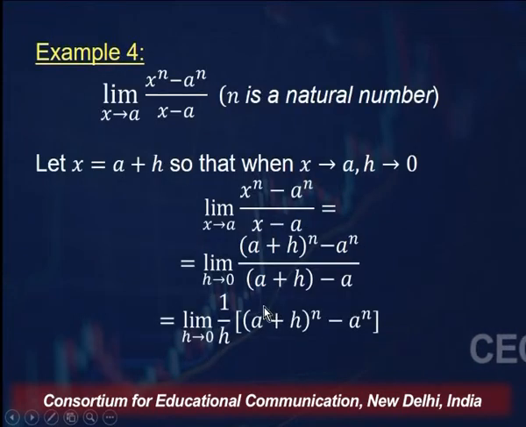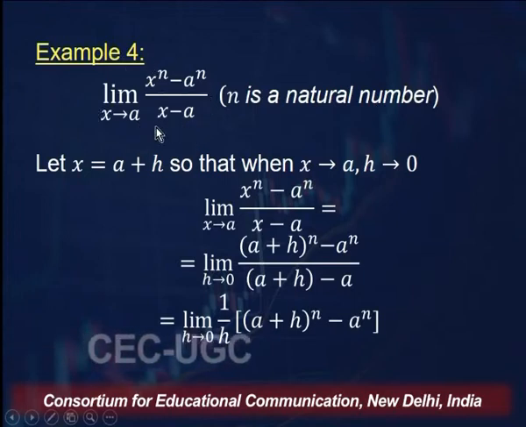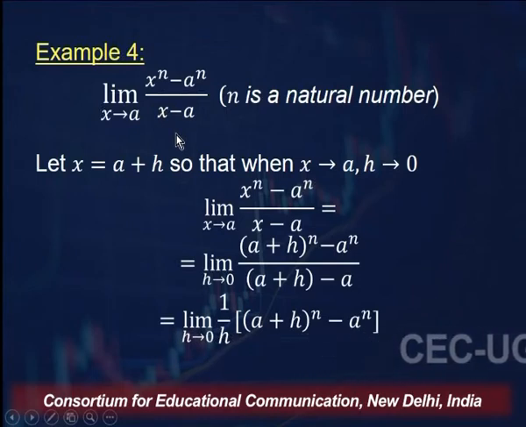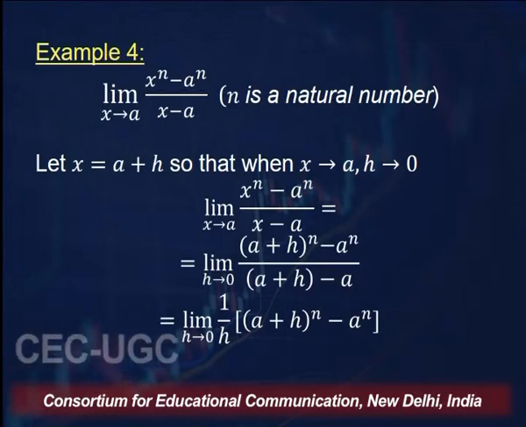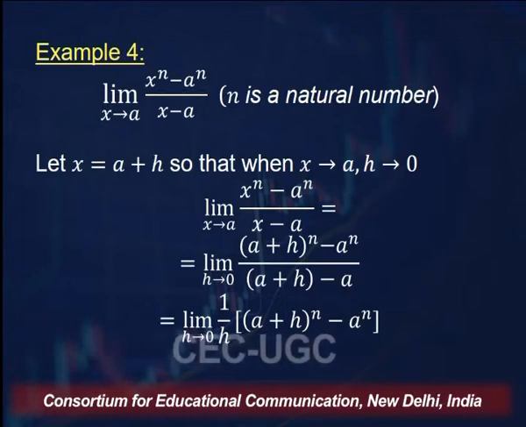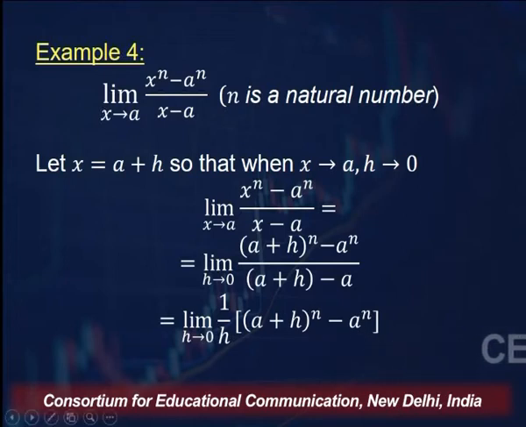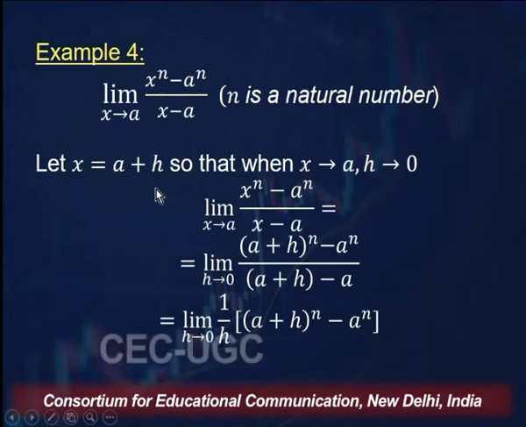Let's look at the next example, and that is actually a very important limit. Look at the limit of x to the power n minus a to the power n, divided by x minus a, where n is a natural number. To calculate this limit systematically, let's put x equal to a plus h.